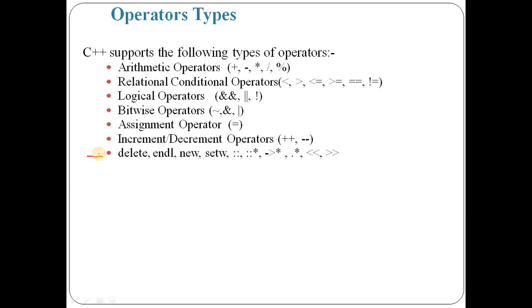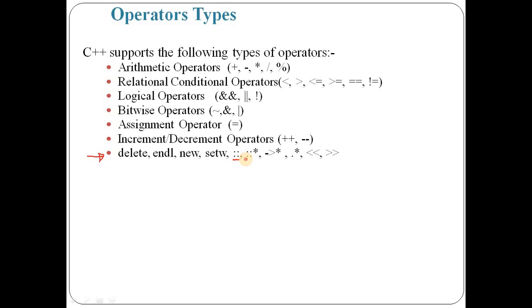There are also some operators which are unique to C++. These operators are not defined in the C language, like delete, and some of the new operators. There are also operators for class member access, like the scope resolution operator.